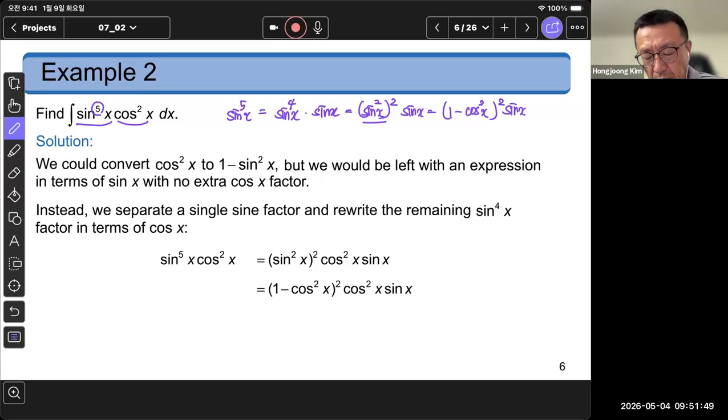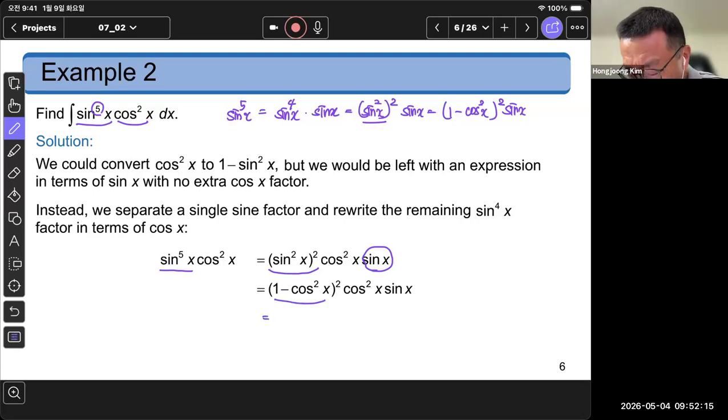We do this because the power of sine x is an odd number. So sine x to the fifth is written as sine x to the fourth multiplied by a single sine x, and then sine x squared is replaced by 1 minus cosine x squared.